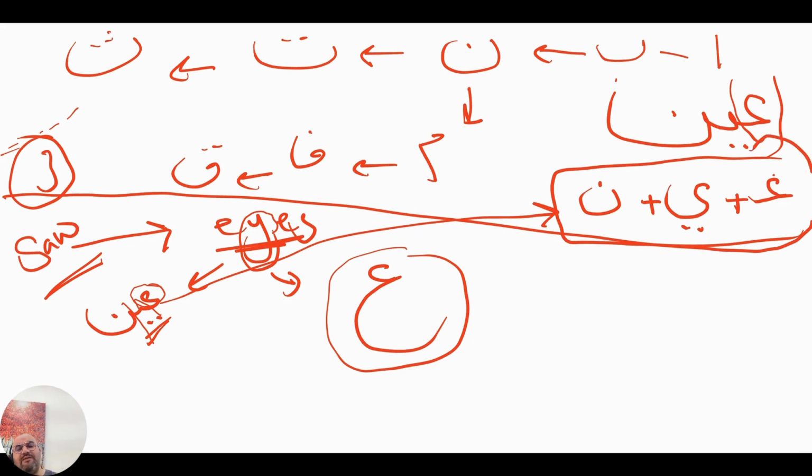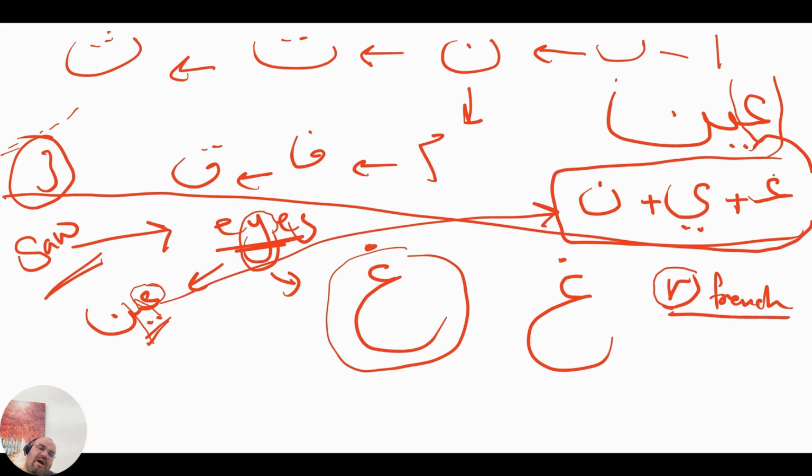The same, we will not leave the letter here alone, so we will put a dot up, and if we put a dot above ayn, it will be ghain. Okay, ghain. Similar to the majority of uses of the R sound in French. R pronunciation in French can be r.